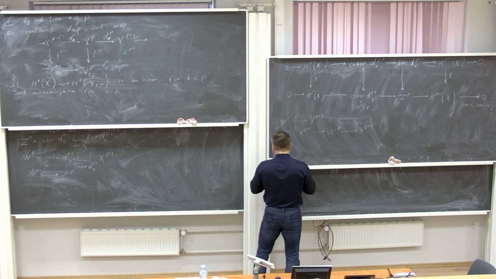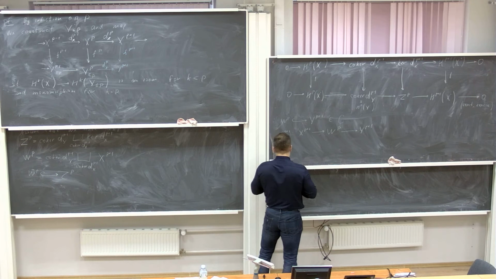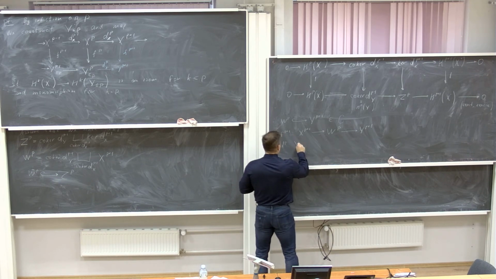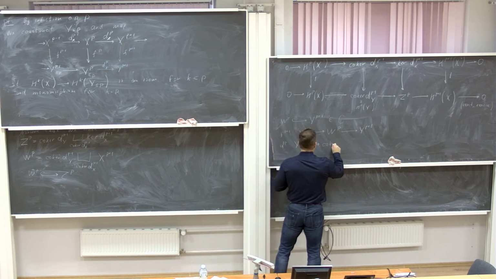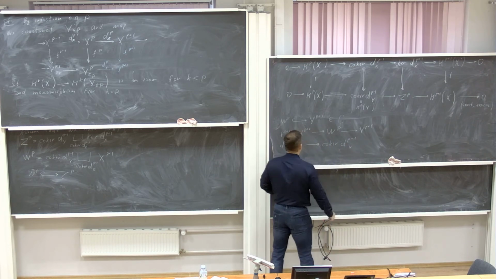So that's the map of the complexes, and now I want to define the differential d^p. I think this is a composition of three maps. So Y^p is mapped, of course by the definition, to the cokernel of d^{p-1}, right?